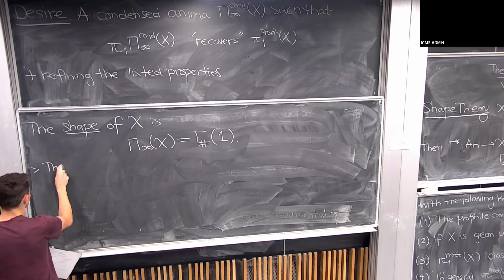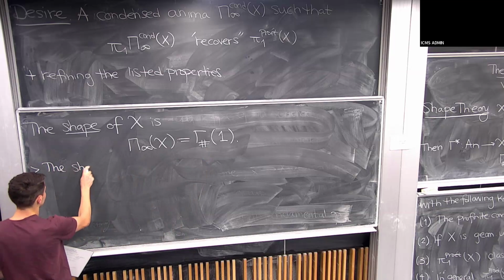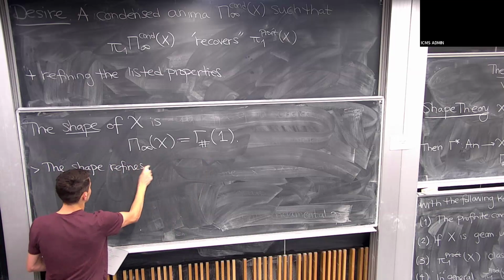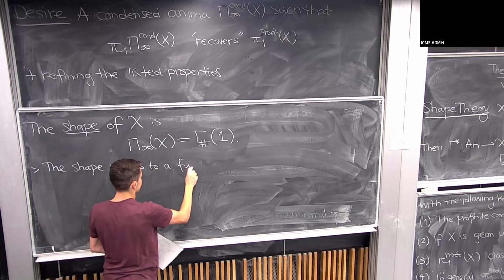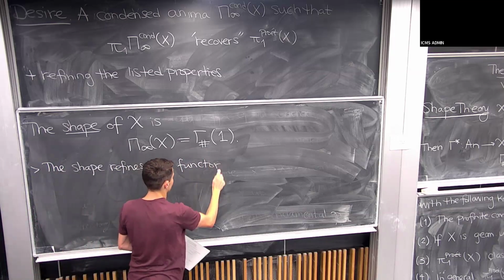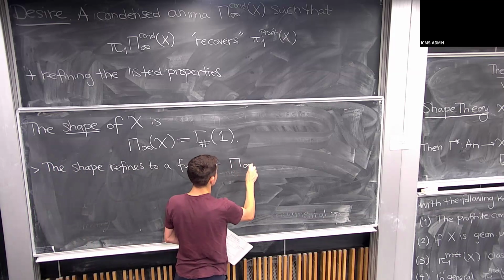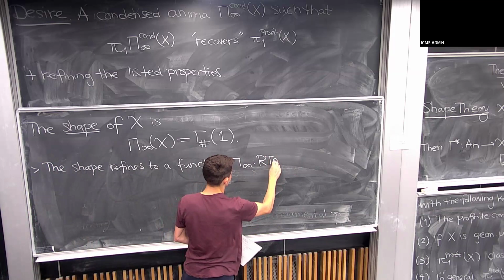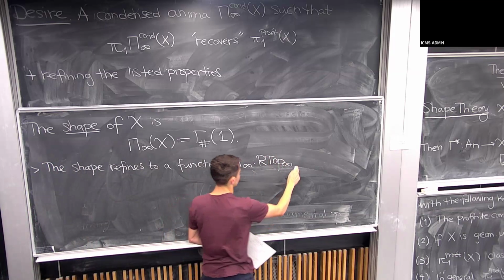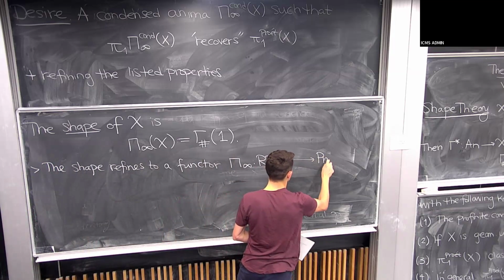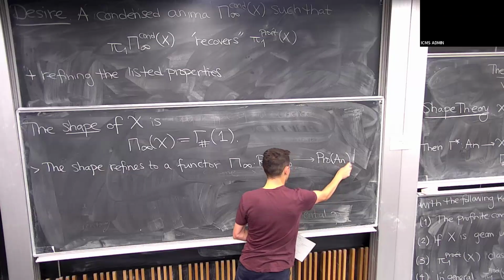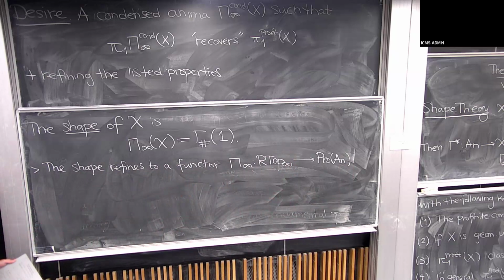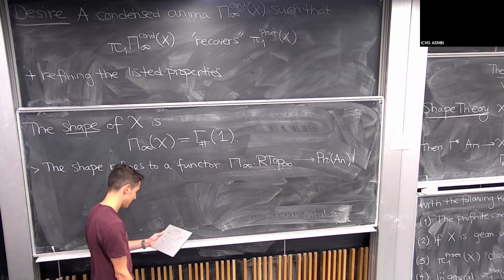So the shape one can show refines to a functor pi infinity from topoi and geometric morphisms, so the right adjoints, to pro of anima. That's how the functoriality works. It's in the push forward direction.